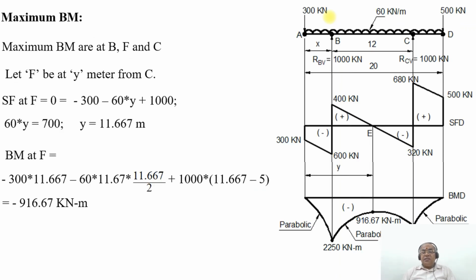So this is how you will be able to analyze and solve this problem of a simply supported overhanging beam, on which there are unequal overhanging distances between the points B and A and between C and D. Thank you.